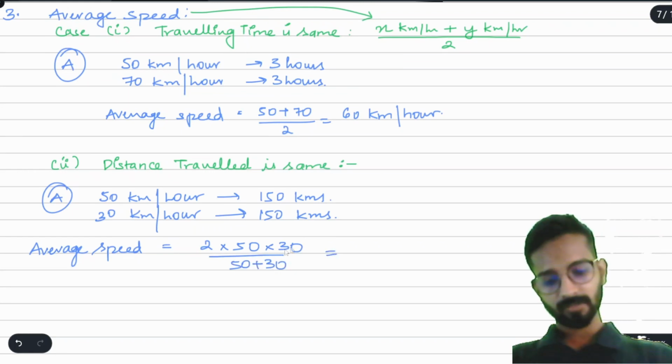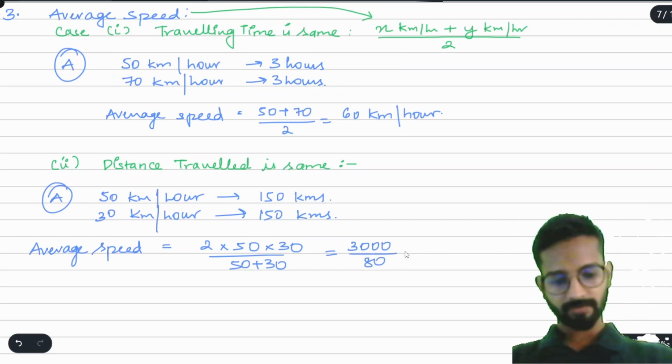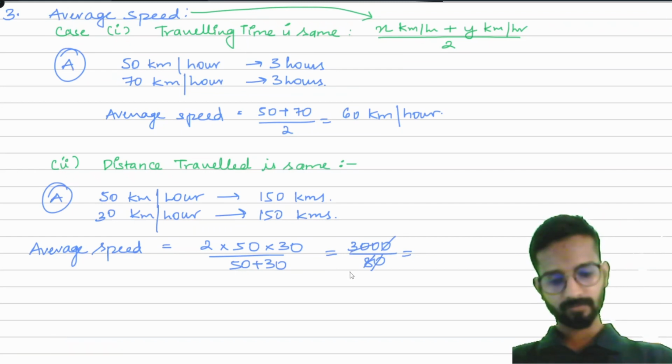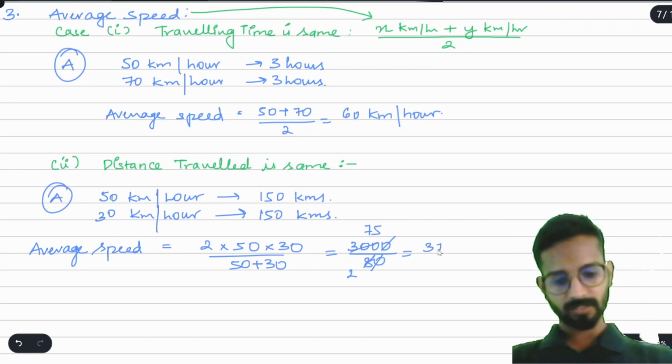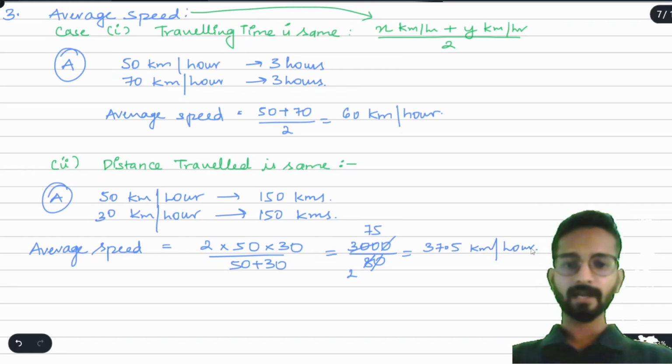It will become 5 3s are 15, 1500 to 3000 by 80. Average speed will be, 0 0 cancel, 8 4s are 32, so your average speed will be 37.5 kilometers per hour. Understood?